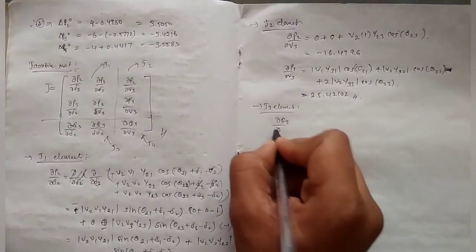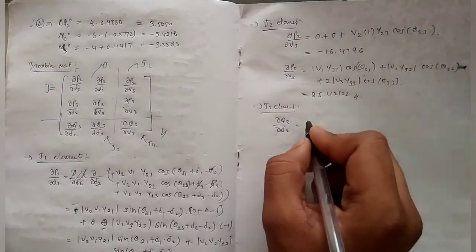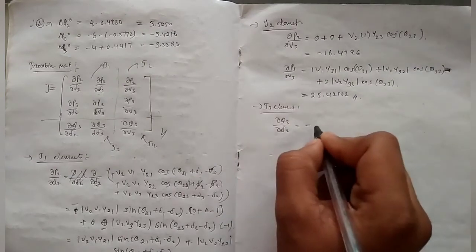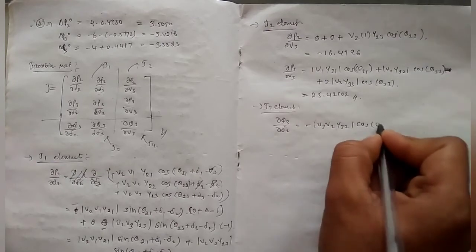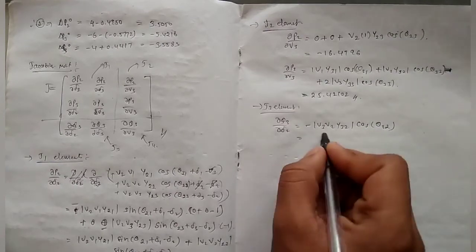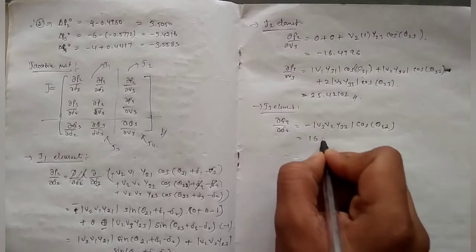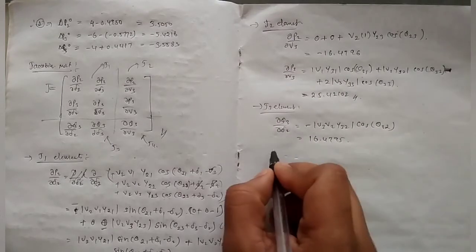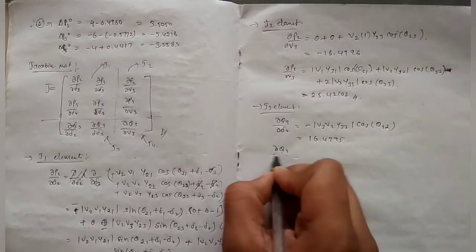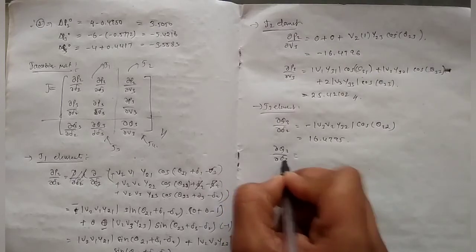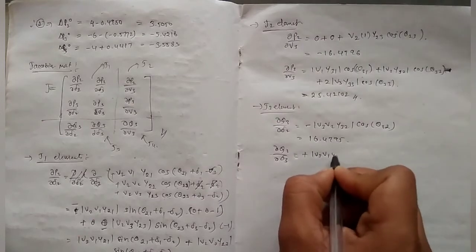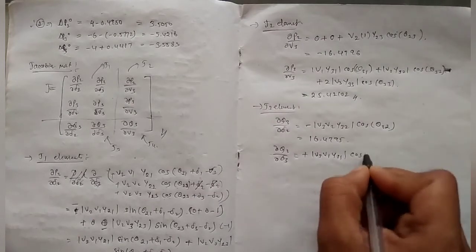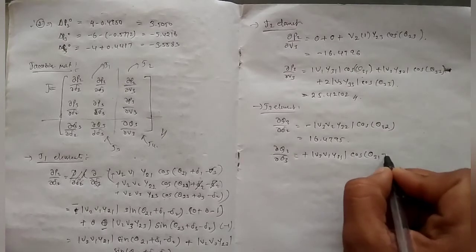And for the J3 elements, ∂Q3 divided by ∂delta 2 is equal to, we'll get the expression as minus V3 V2 Y32 cos of theta 32. After differentiation we'll get the final answer as 4795. ∂Q3 divided by ∂delta 3 is plus V3 V1 Y31 cos theta 32. For this detailed explanation, detailed differentiation, you can refer to my notes.